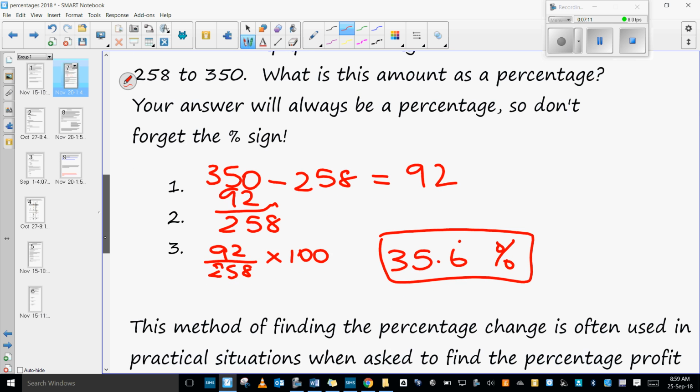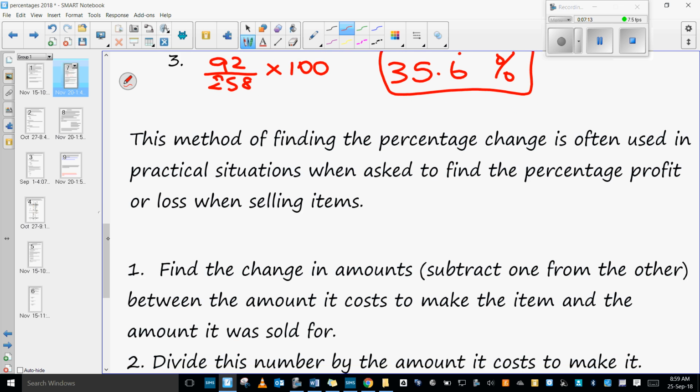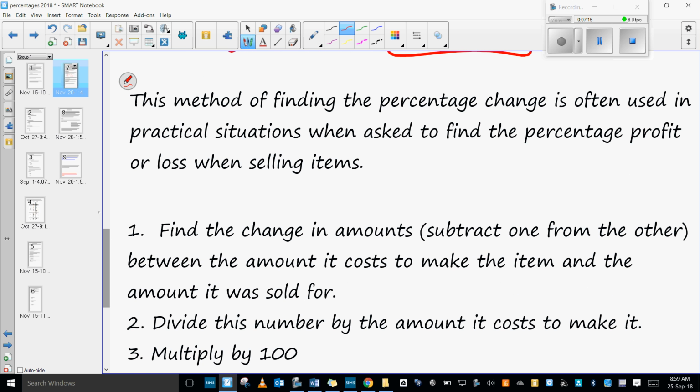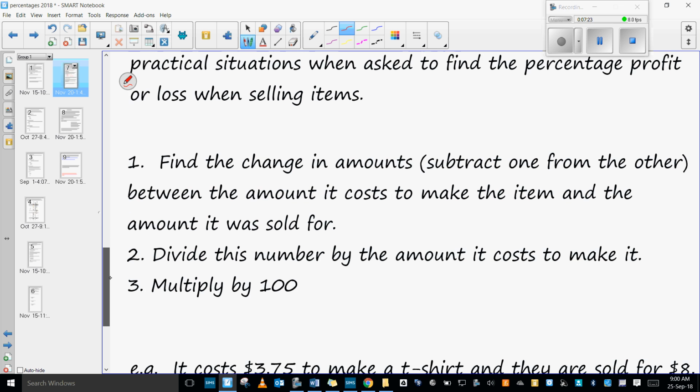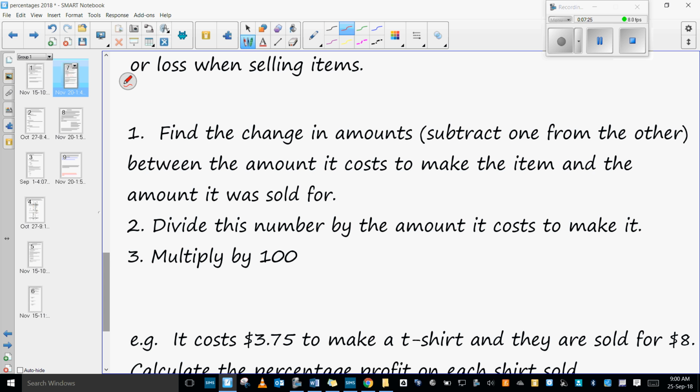All right, so as I've said here, this method of finding percentage change is often used in practical situations when asked to find the percentage of profit or loss. So we're going to find the change in amounts, divide by how much it costs to make the item or how much it cost us to buy the item originally. And then we're going to multiply that by 100.